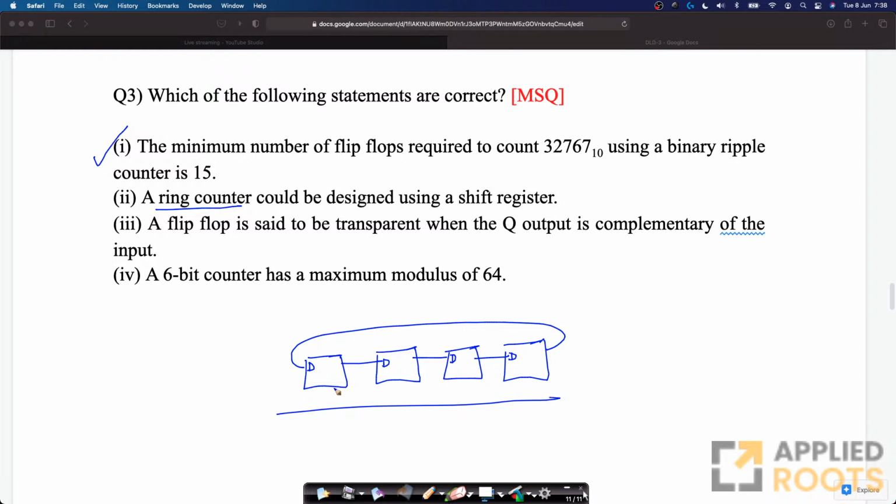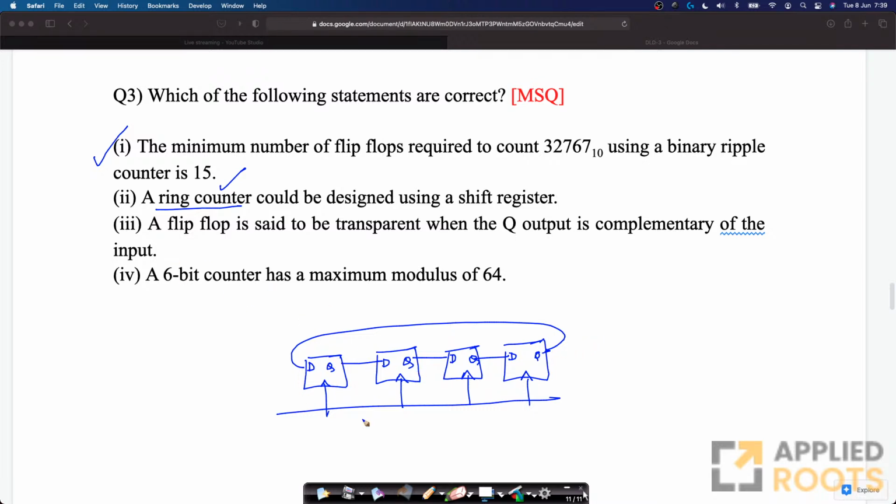Let's assume this is your clock signal and this is your Q. With a little bit of hack here and there, using a shift register, because you're shifting the bit from one bit to the next, and using this loop-like, ring-like structure, you can create a ring counter, where you're shifting data from one flip-flop to its next flip-flop.